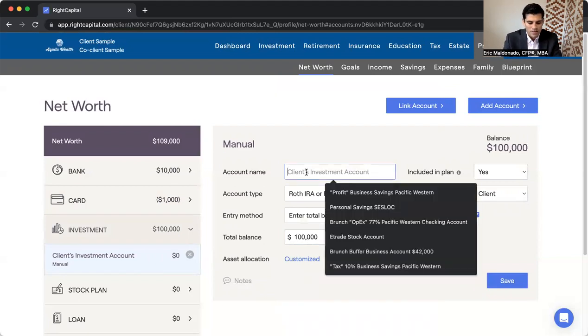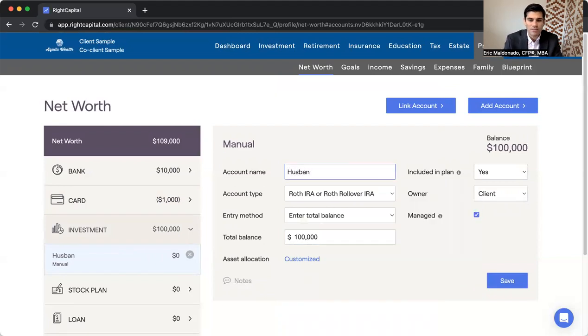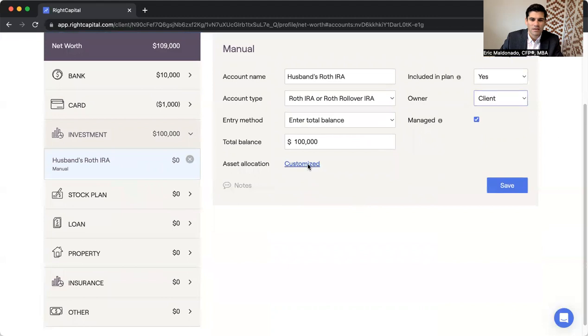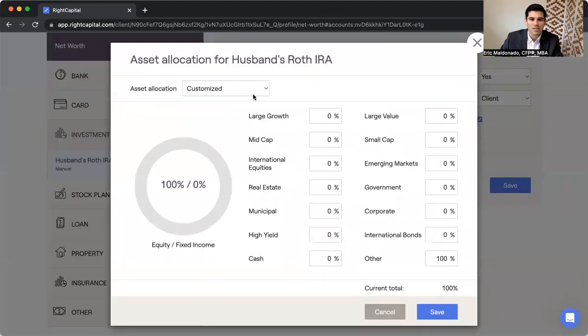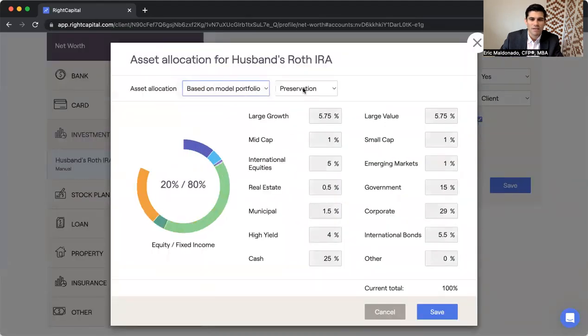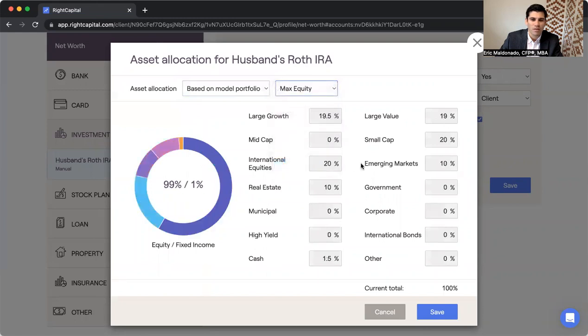Now we'll just call it husband's Roth IRA. Usually you put someone's name in there, so client, and then we can put how it's invested. Let's just say for now that it's invested in growth mode, with mostly equities, owning companies, real estate, diversified, big, small, emerging markets.